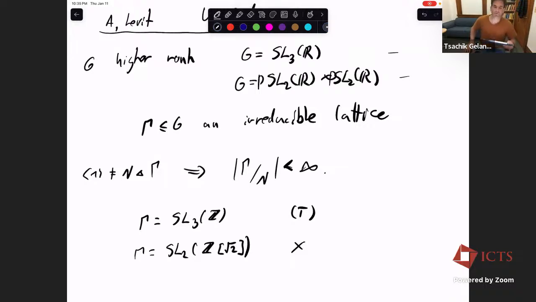So the idea of Margulis was that he proved that gamma mod N is finite by proving that it has both property T and it's amenable. So this tension between amenability and property T is what implies finiteness. These are two analytic properties that don't get along together. So the only groups that are both T and amenable are finite groups.